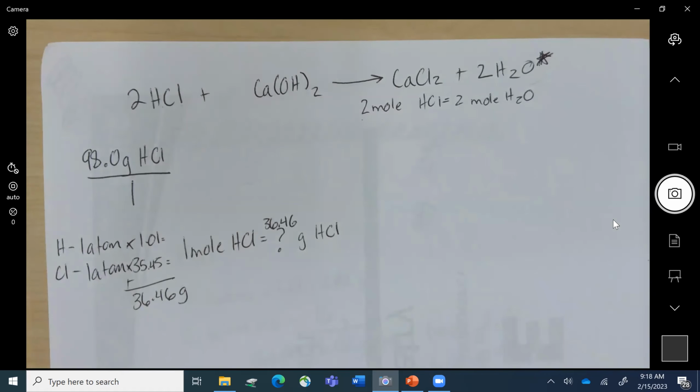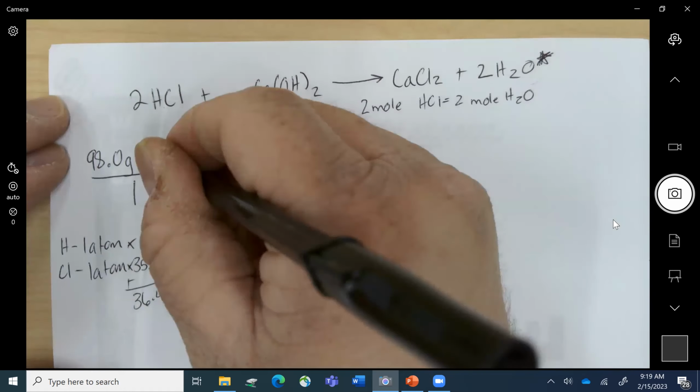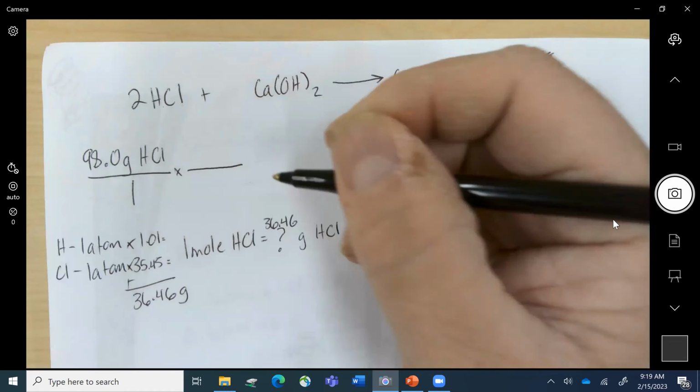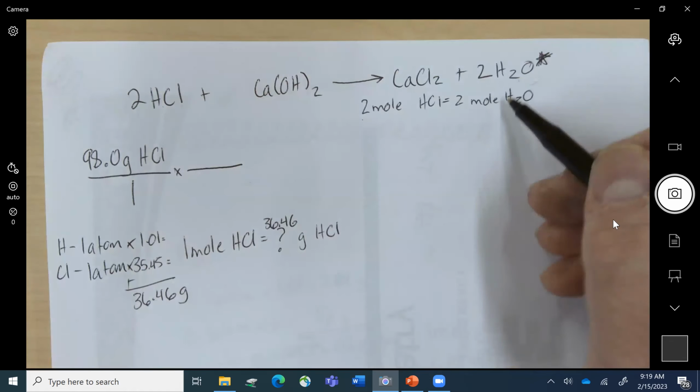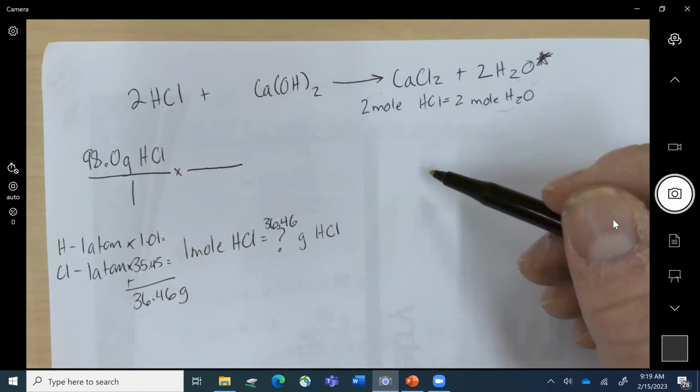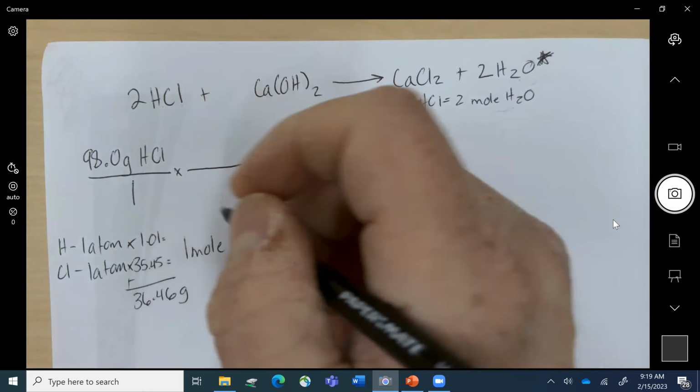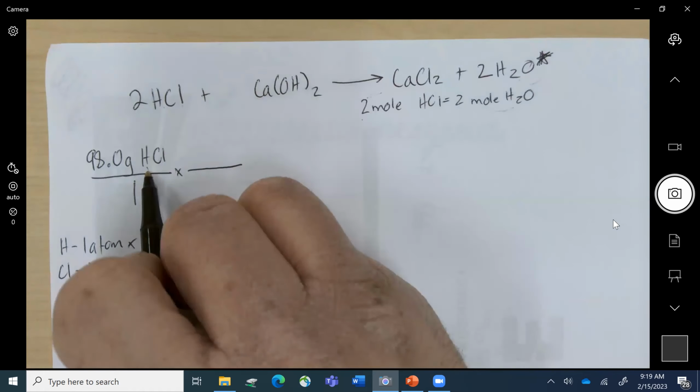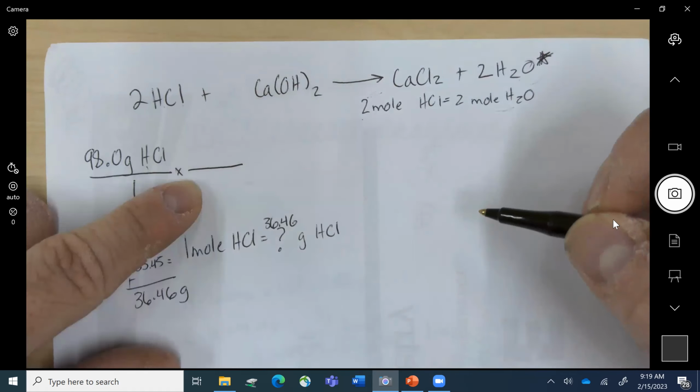Okay. So I can do 2/3 of what I got, or 3/4 of my equation now. I got to get to moles of HCl in order to get to moles of water because of this molar ratio from the balanced reaction. So if grams of HCl are up here, where do grams of HCl have to be to cancel? On the bottom.